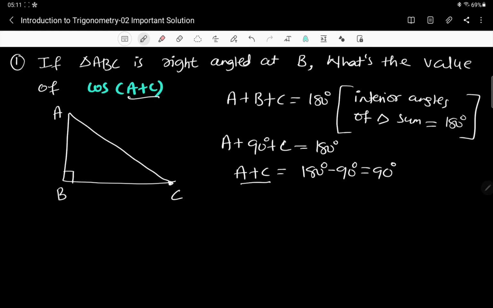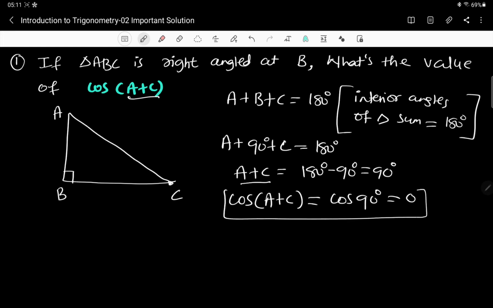Here also they are asking A plus C, so A plus C means that is 90 degrees. Cos of A plus C means cos of 90. So what is the value of cos of 90? 0, right? So this is the final answer.